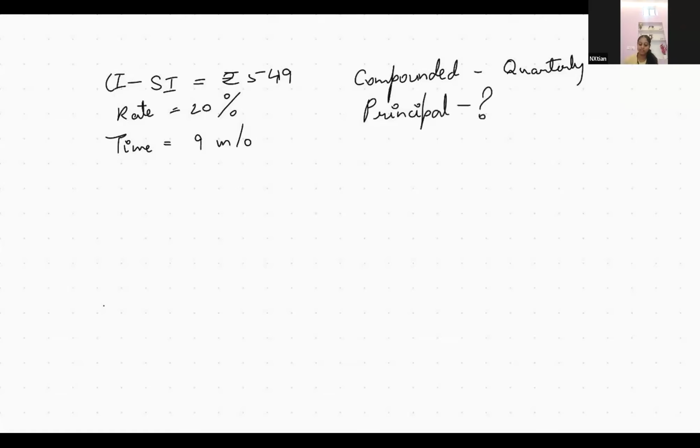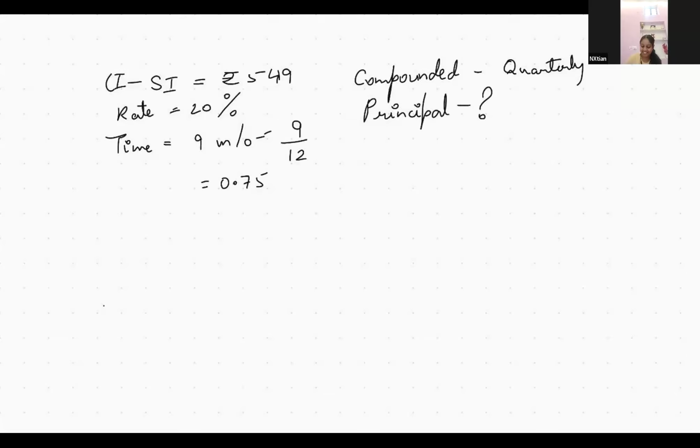Okay, so first let's calculate the time. In this question, time is given to us as 9 months. So when we are given months, what do we do actually? 0.75, ma'am. Yes, 0.75.